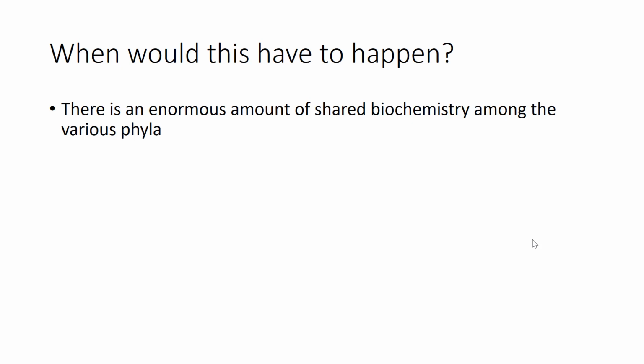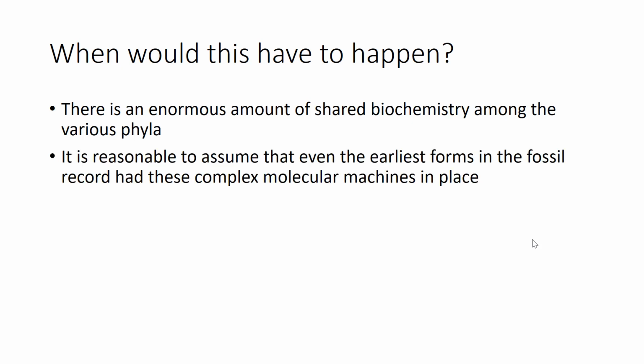And so it's pretty reasonable to assume that even the earliest forms in the fossil record, the textbook talks a lot about trilobites, that are some of the earliest animals that appear in the fossil record, would have had these really complex biochemical features, these complex molecular machines already in place.